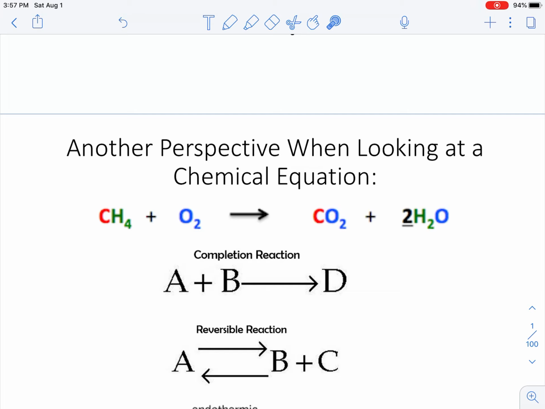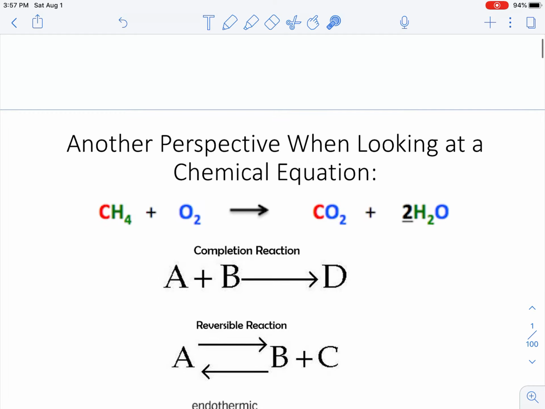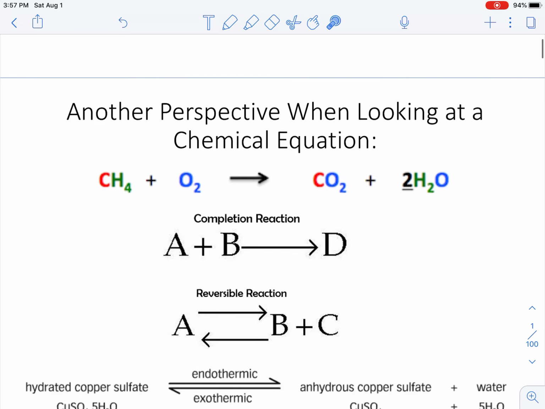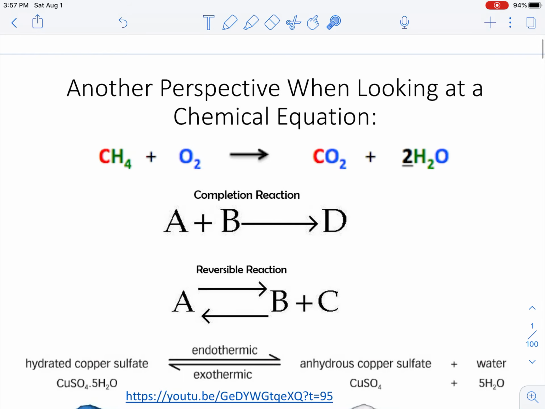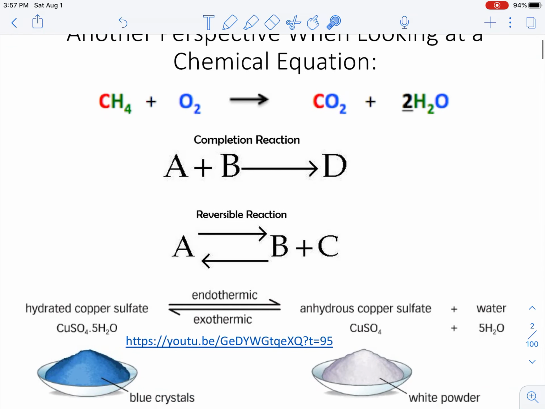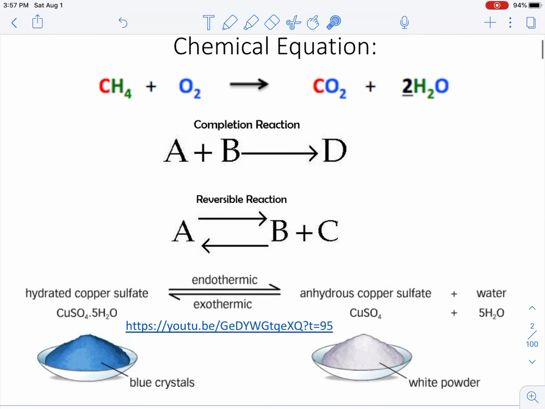And so an example of a reversible reaction that hopefully you guys were able to study in the first semester of general chemistry is the conversion of hydrates to their anhydrous substances. The really cool thing about hydrates is that they're typically colored, they're chromatic.